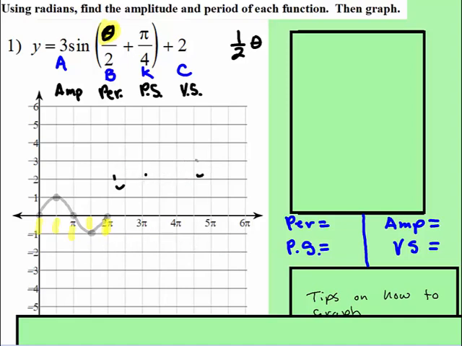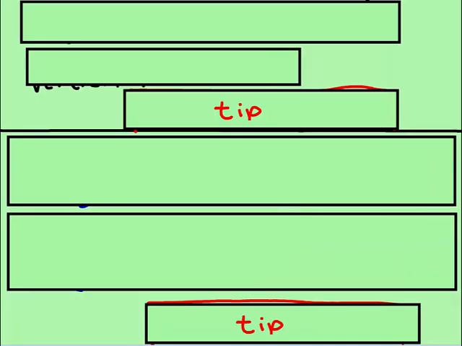And then the last value, the k value, is called the period shift. And that just tells you how far it's going to move to the left or right. And remember, when it's inside parentheses, you're going to pick the opposite value. And then I'll go over each one. In fact, I'll take a second to do that now.